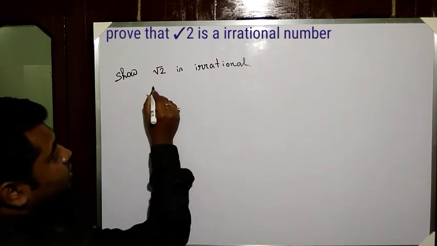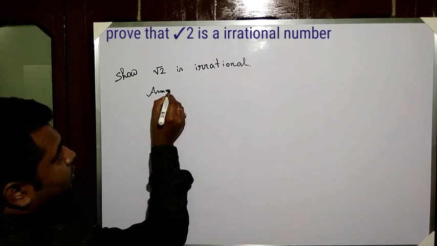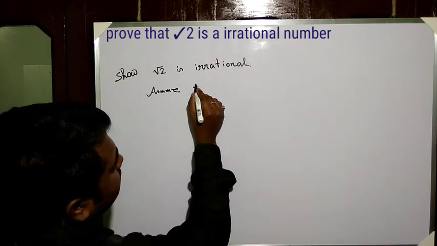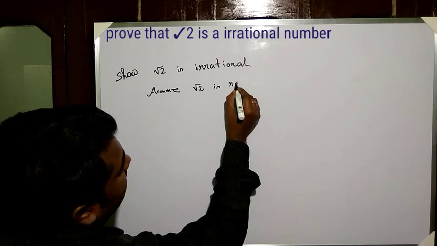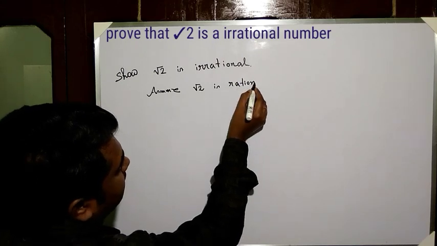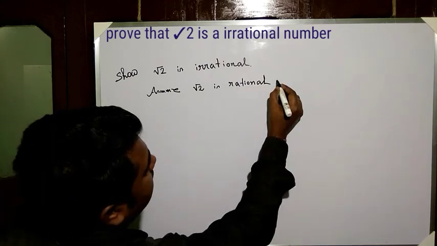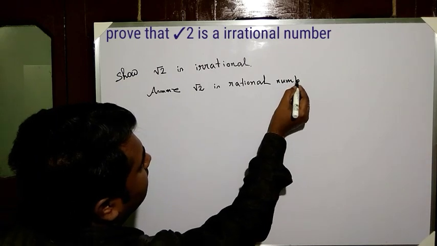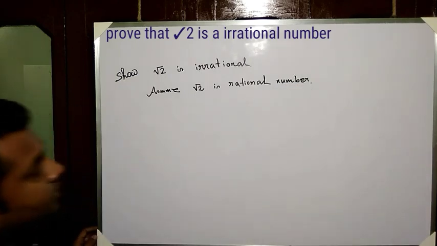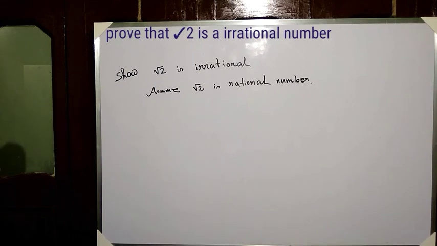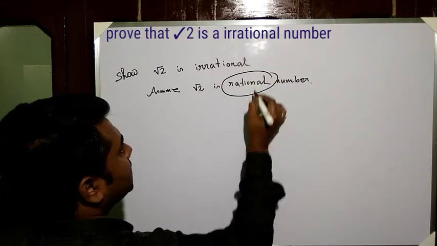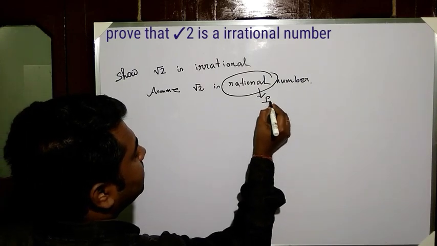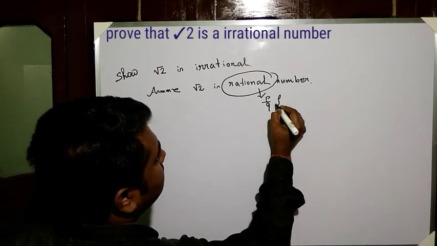First, assume root 2 is a rational number. Okay, so rational number means what? It is p by q form.